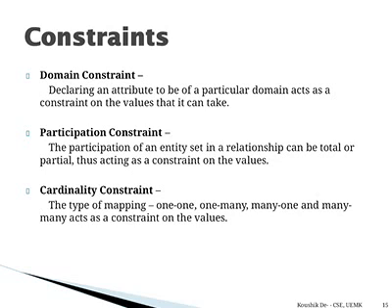And domain constraint: declaring an attribute to be of a particular domain acts as a constraint on the values that it can take. Participation constraint of an entity set in a relationship can be total or partial, thus acting as a constraint on the values.